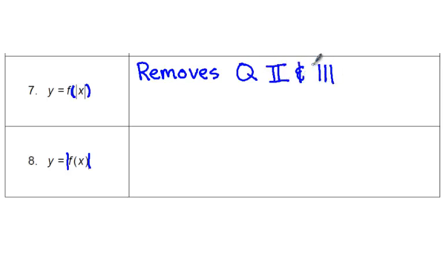The number 7, the f of the absolute value of x, that graph removes quadrant 2 and 3. Notice quadrant 2 and 3, they are the quadrants where x is negative.